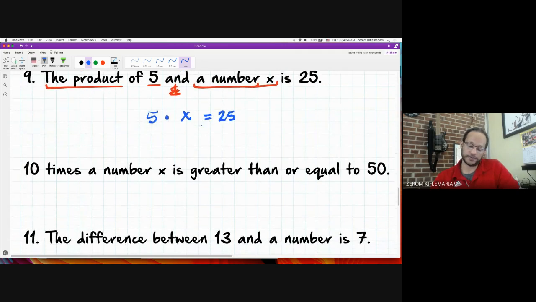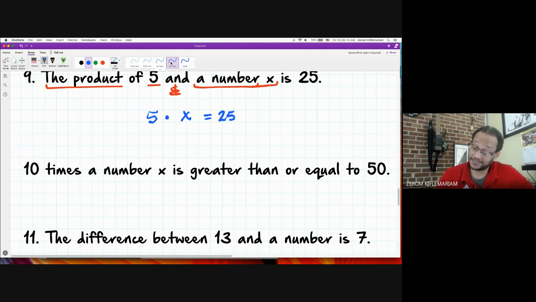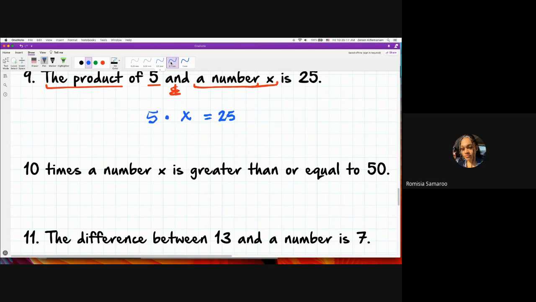The next one will be what? x times x is 50. Say it again. x times x is 50.